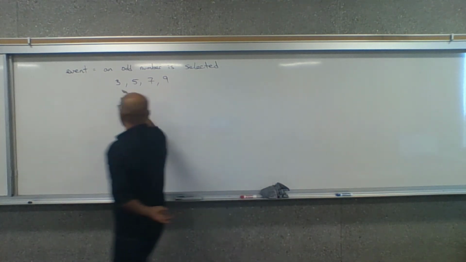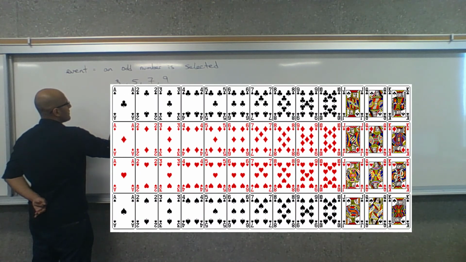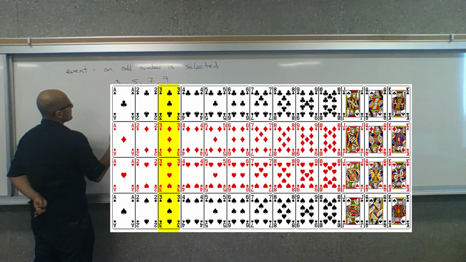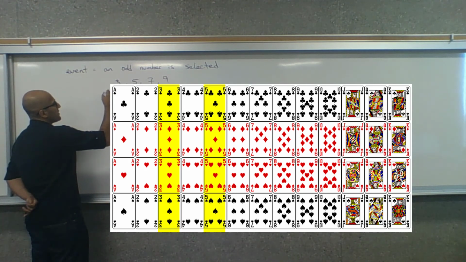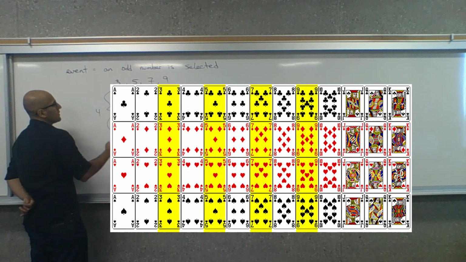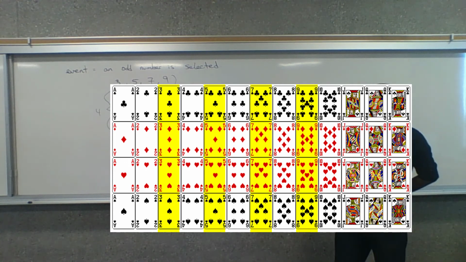It could be the 3 of hearts, or the 3 of clubs, or the 3 of diamonds, or the 3 of spades. Okay, so there are 4 of them for each. So total, how many are there going to be? Total of 16. Okay, so I'm betting that it's going to be an odd number.